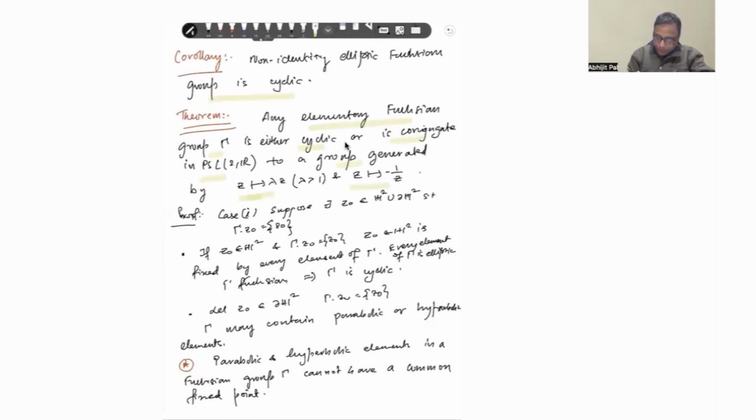You take the group generated by these two, and this will be a Fuchsian group. So any elementary Fuchsian group, if it is not cyclic, will be conjugate to this kind of group generated by these two elements. Okay, so the proof is done by cases.